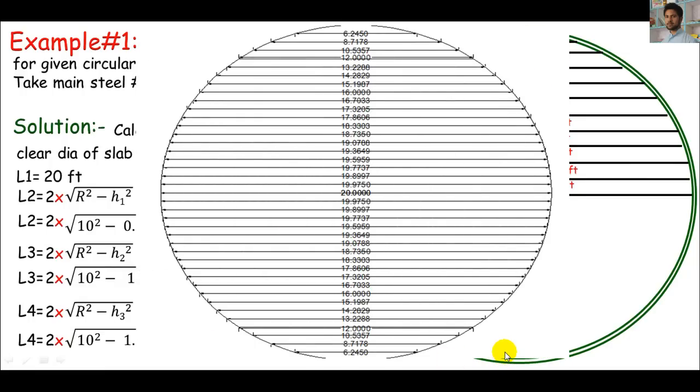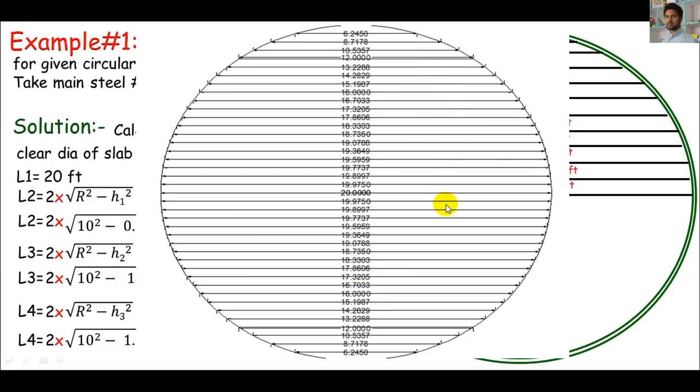Actually, this picture is taken from my AutoCAD. You can use AutoCAD too, and for AutoCAD tutorials, of course, you can watch the same channel. Now just look, these are the main bars' lengths and these are cutting lengths. When you want to calculate distribution bars or temperature bars, the same method can be used.